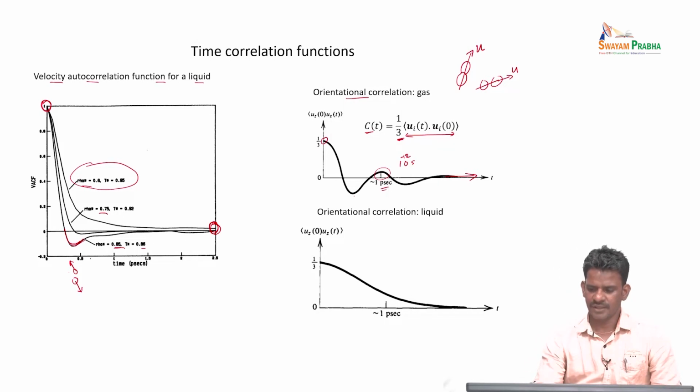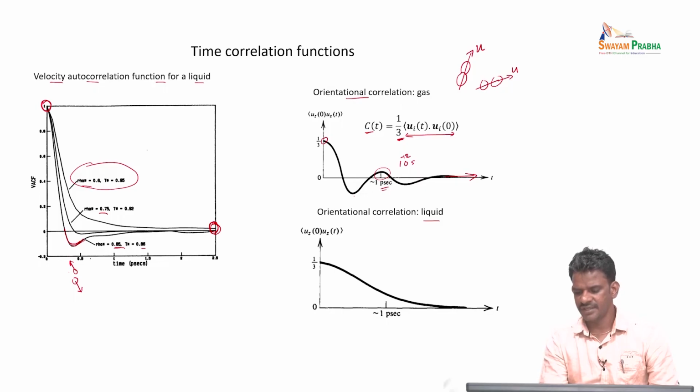And then if you look at a liquid, you can see that the correlation function just monotonically decreases from some initial value. So like a g(r), where we had structural information by looking at the patterns of g(r), we can use these time correlation functions to relate the correlation between different variables in the molecular system.